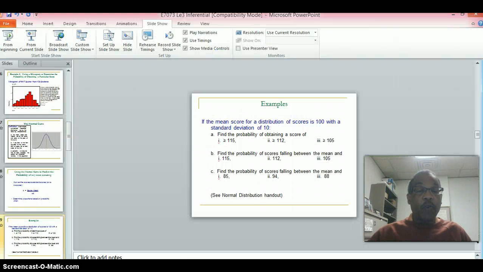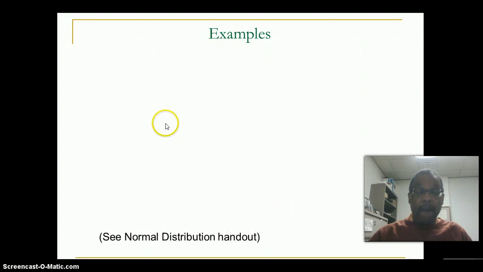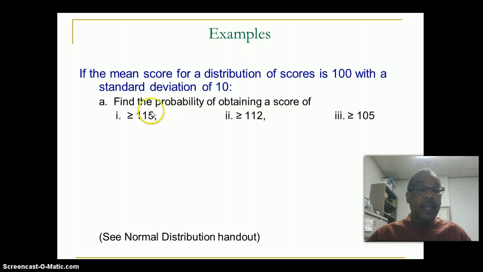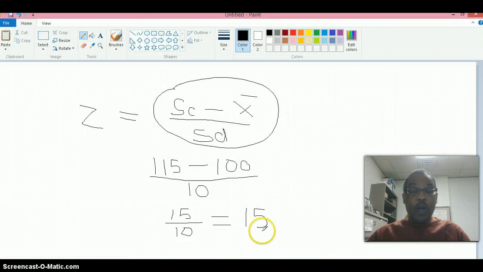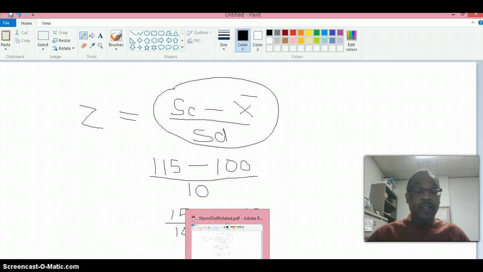So if we go back to our example here, we are asking to find the probability of obtaining a score of greater than 115. Okay, so at this point, all we've decided is what the Z-score for 115 is. And the z-score for 115 we determined 2 seconds ago is 1.5.